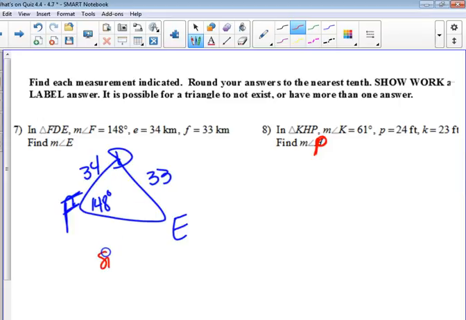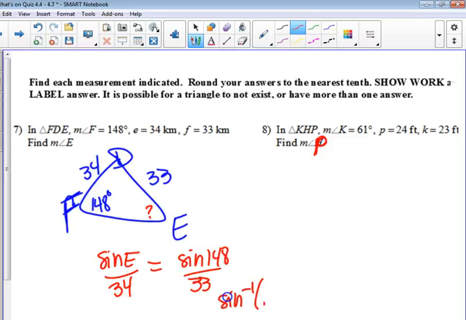If we set this up to find angle E over here, the sine of E is across from 34 in the same way the sine of 148 is across from 33. This actually works. Can you type that in and see what you get? 34 times the sine of 148 divided by 33. And then you have to do second sine.